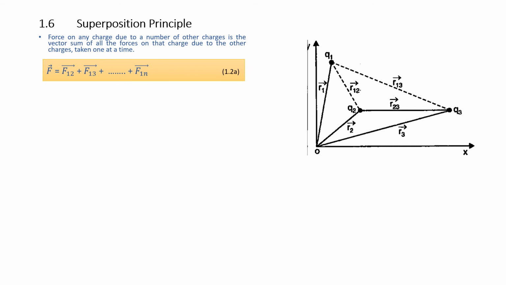So, if there are a number of charges up to n, then the force becomes F is equal to F12 plus F13 plus F14 plus etc. up to F1n. Force is a two-body interaction, that is, the electrical force is independent of presence or absence of other charges, and so the principle of superposition is valid.